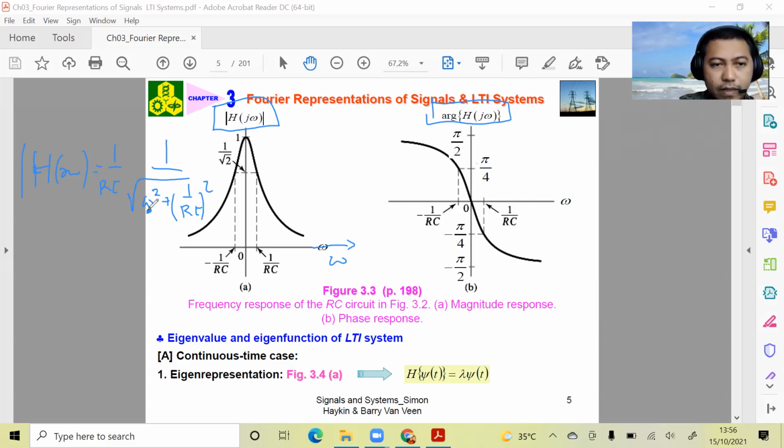The omega is a variable, so it's changing something like this. And you can see here the highest peak magnitude is 1. It is proportional to A minus T, yeah? 1 over RC. This is 1 also. And the location of RC is here.